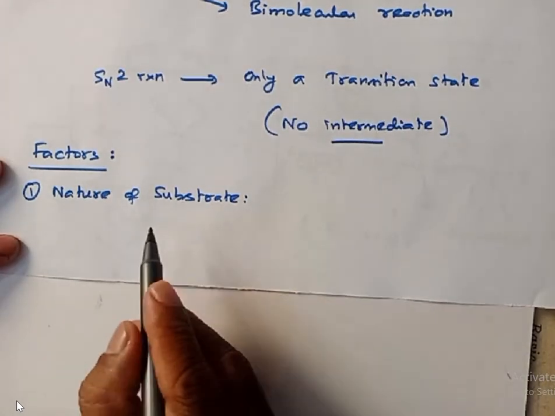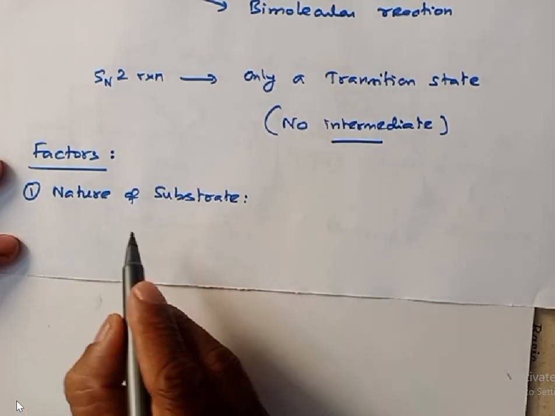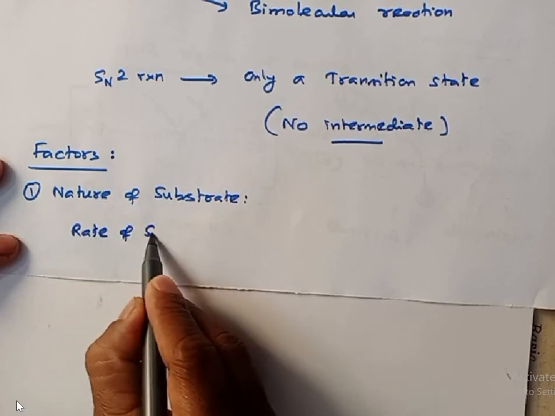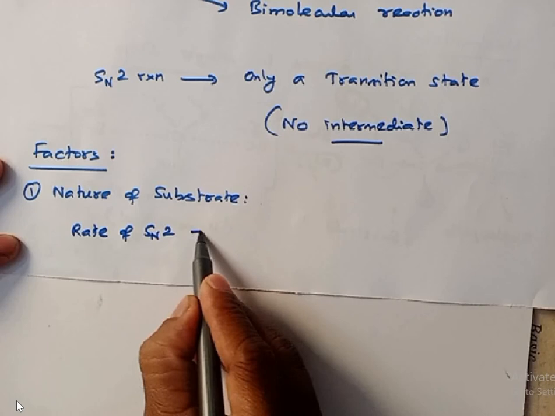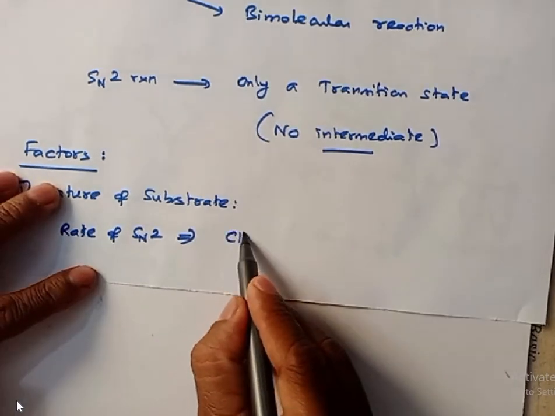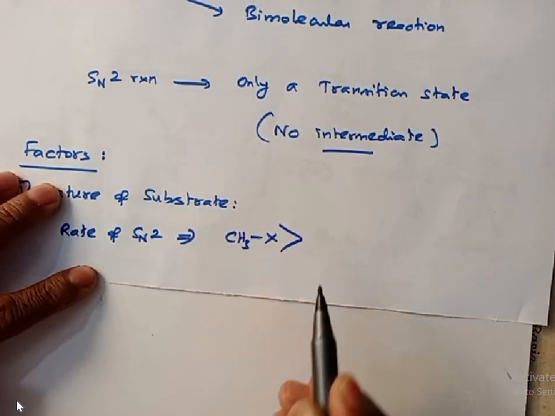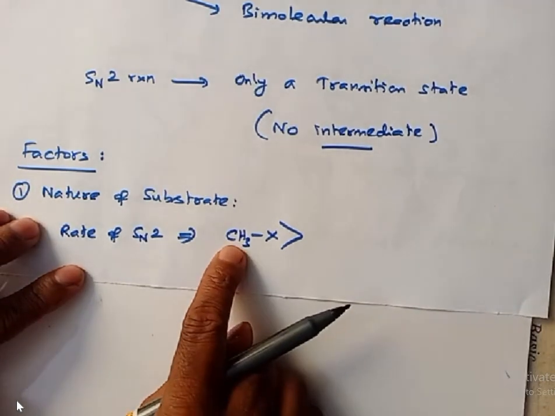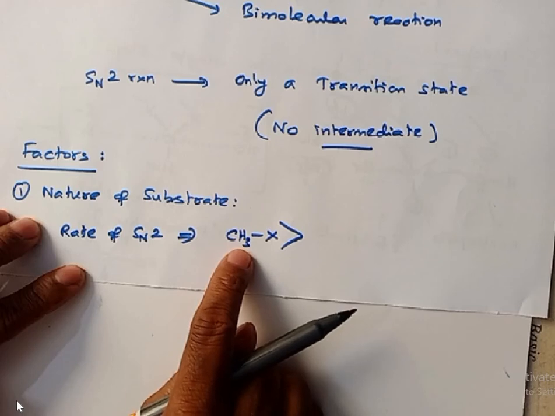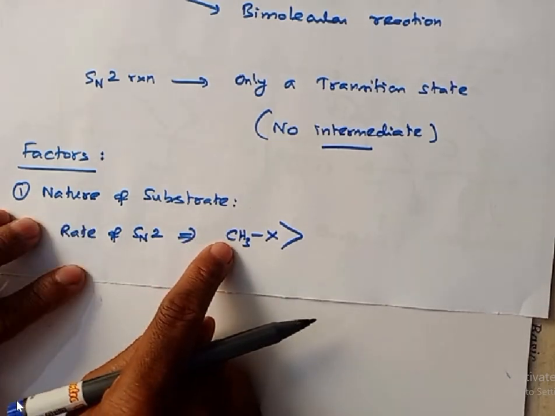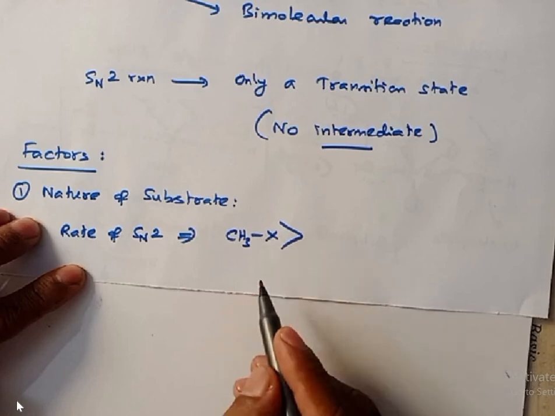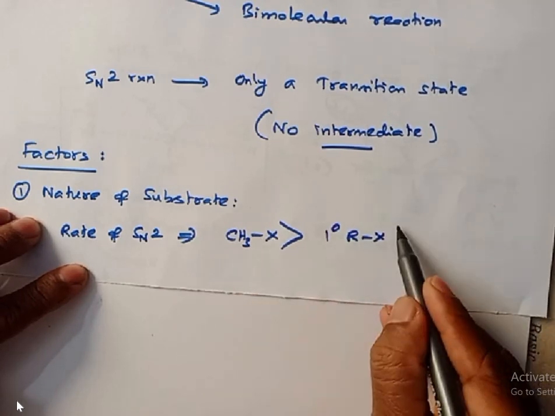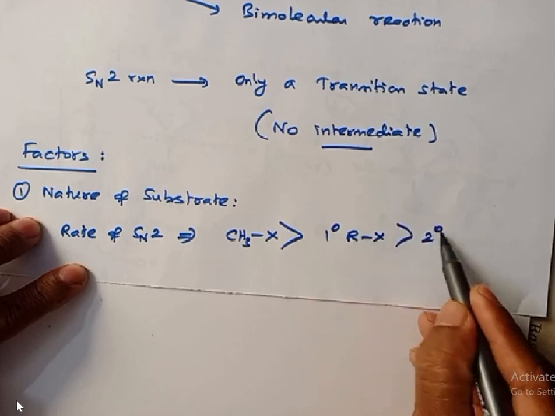I'll write here. If you compare the rate of SN2 reaction, listen, methyl halides are a very suitable substrate, because this carbon has only 3 hydrogens and the nucleophile can easily approach. Then primary halides, then secondary halides.